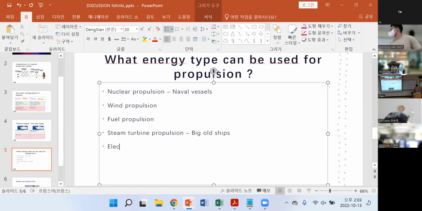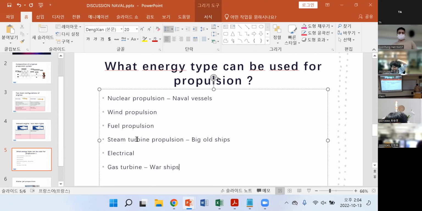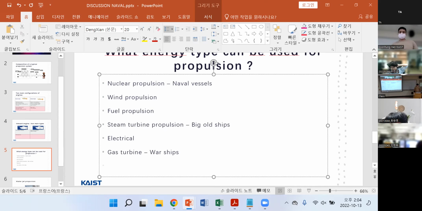Gas turbine for warships. The sun, the solar panel, solar propulsion. Hydrogen.